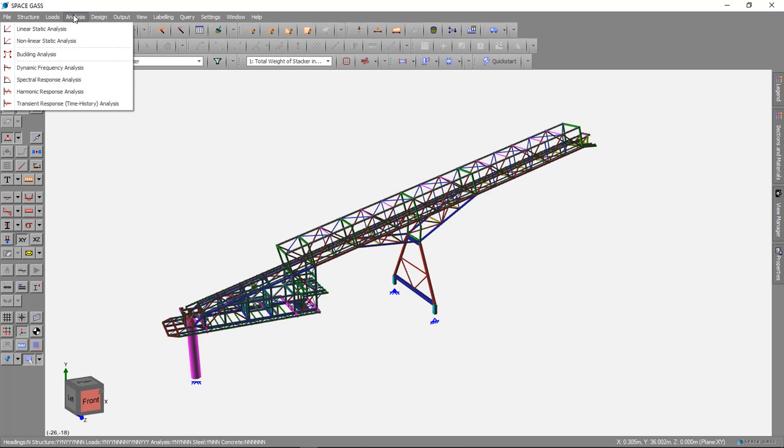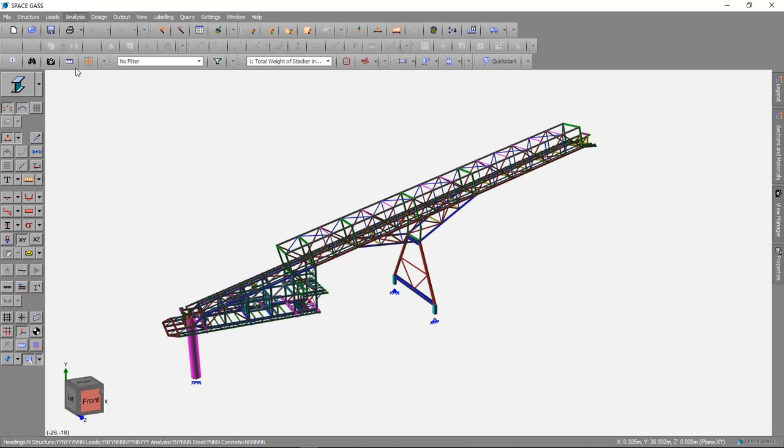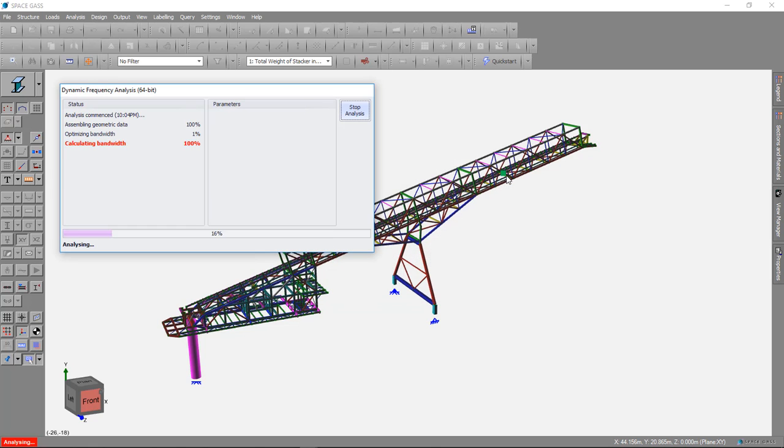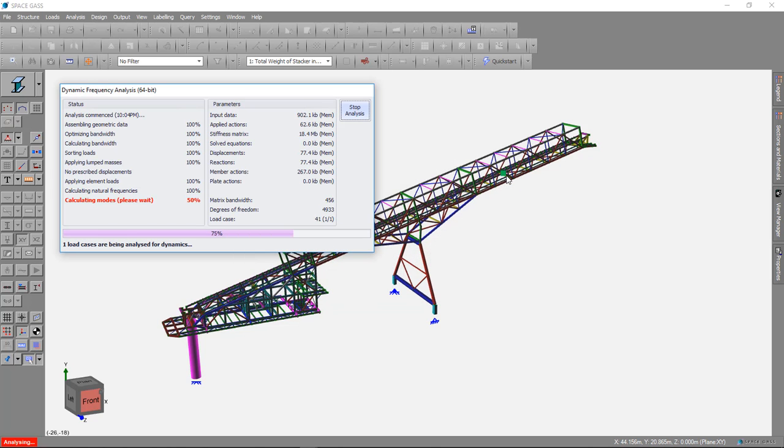So let's analyze it. I'll just check the dynamic frequency analysis first. So you can see here we've only got 3 modes as the default. That's nowhere near enough, so let's try 20. 20 is usually a good place to start. And if then the mass participation factor is not up to 90%, then you'd try a few more modes.